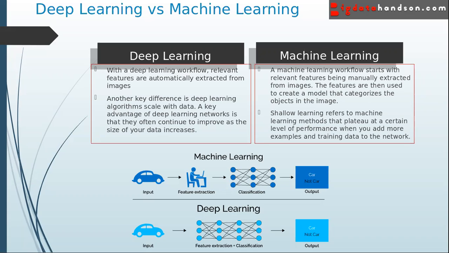Likewise, in deep learning you don't have to do that. The relevant features are automatically extracted from the data set. That's the main difference between deep learning and machine learning. In machine learning you have to extract the features manually, but in deep learning you don't have to do that, it's automatically extracted.